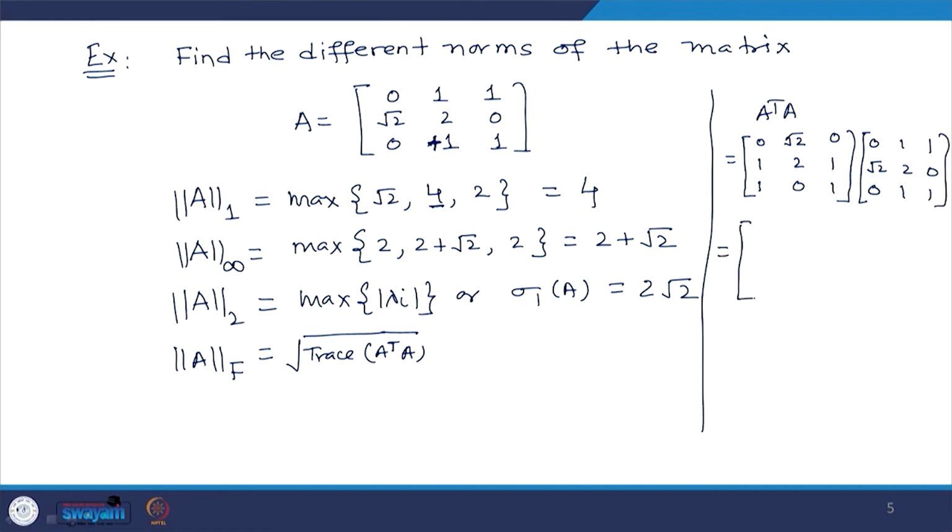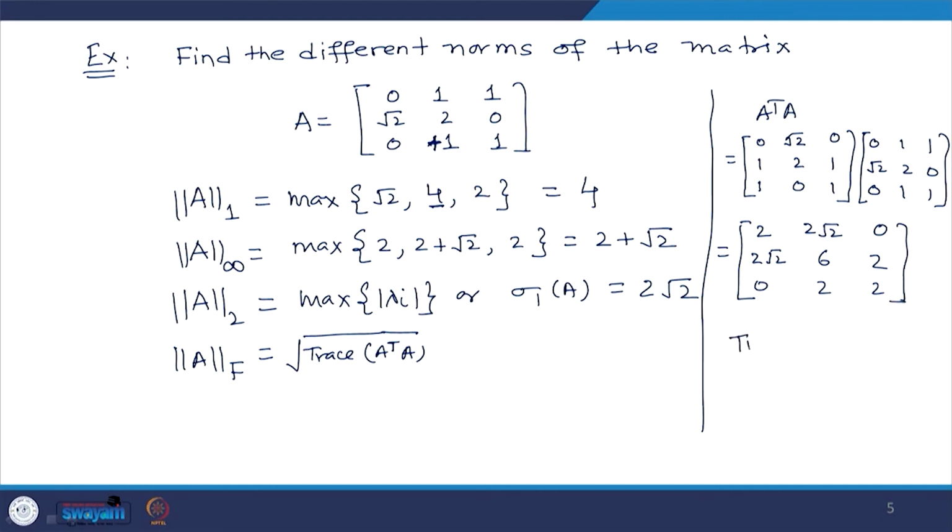This comes out to be 2 root 2 ... 1 plus 4 plus 1, which is 6, and the other diagonal entries are 2 and 2.